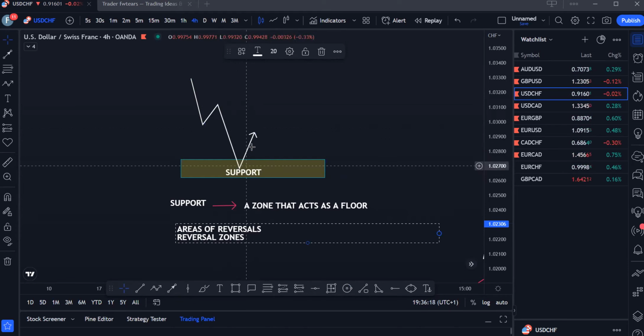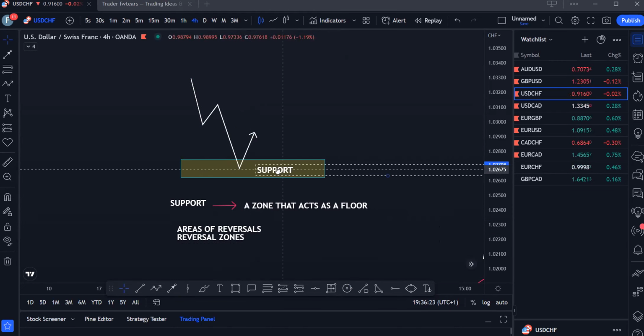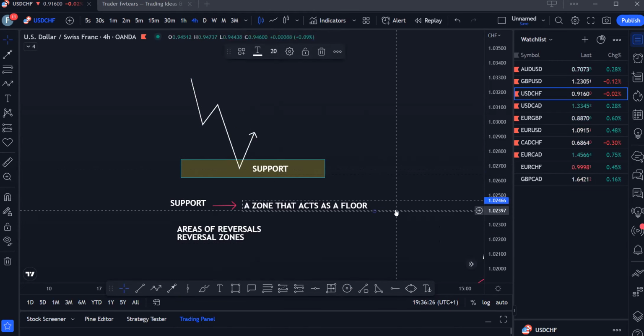We saw a reversal. What is responsible for that reversal is simply support. And why exactly are we identifying support zones? Because we want to use it to predict what is going to happen in the future.